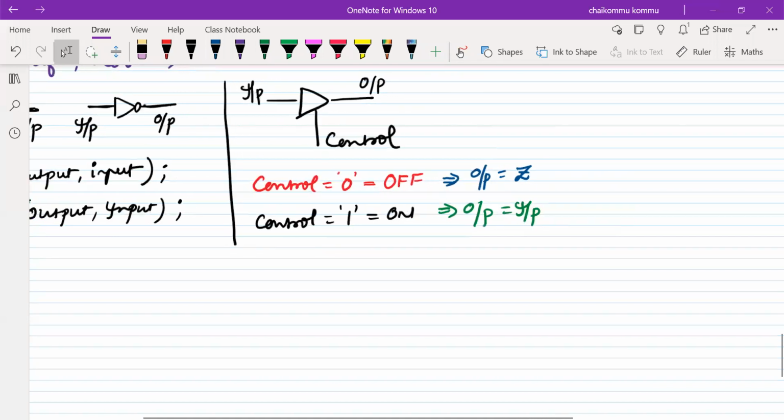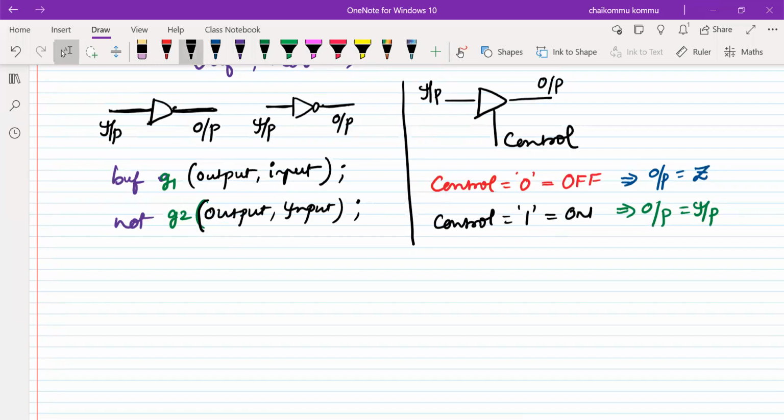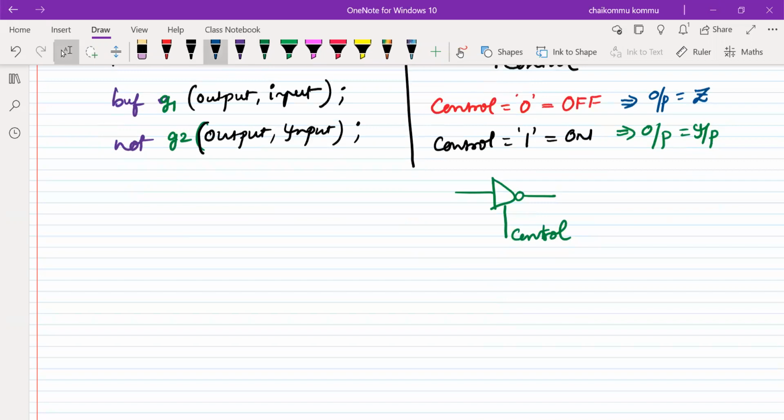Similar to this one, for example, you take another tri-state gate, that is actually a NOT gate. Okay, so we are writing a control signal. Here the same thing is happening. If the control is equal to logic 0, for example, which means this is an off signal, the output value is equal to high impedance state.